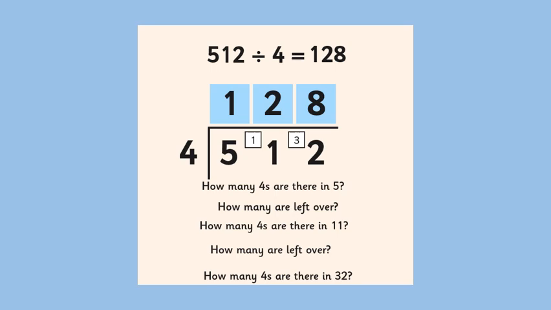How many groups of 4 are there in 32? And if we know our 4 times tables, we know this. 8 times 4 is 32. And so the 8 goes right above the 2. Therefore, 512 divided by 4 equals 128. Once again, press pause to look through the steps once more.